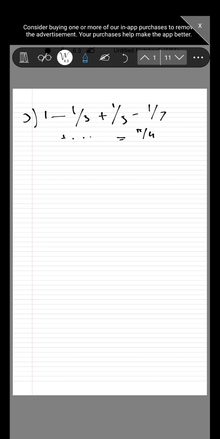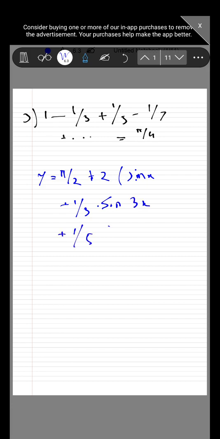We have what we have obtained in the previous problem: y is equal to pi by 2 plus 2 into sine x plus 1/3 sine 3x plus 1/5 sine 5x plus 1/7 sine 7x is the condition.